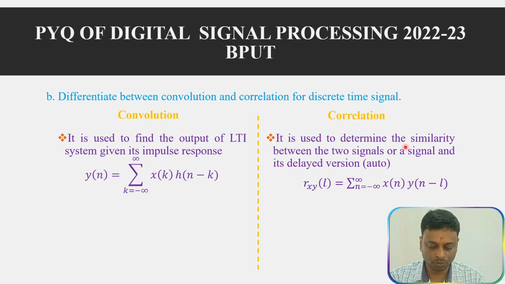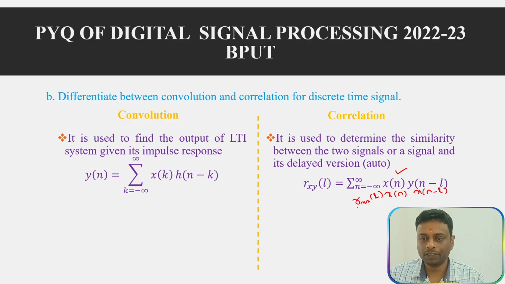For autocorrelation, the two signals are the same, so it is x of n x of n minus l, written as R x x of l. So correlation can be of two types: cross correlation and autocorrelation.